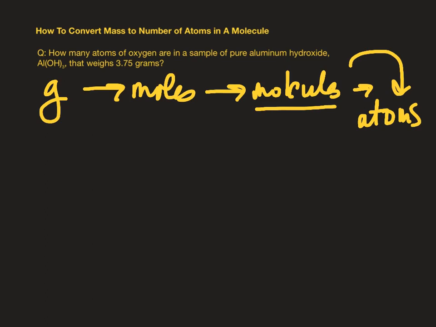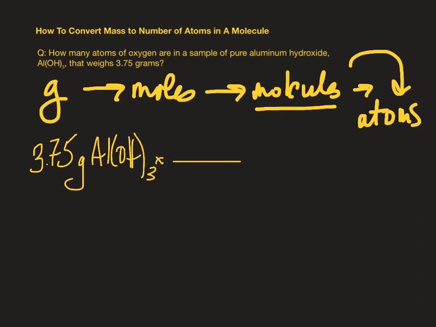Well, I'm going to make my pen just a little bit smaller here so that we have a little bit more room to work with. We're going to start with our mass, right? 3.75 grams of aluminum hydroxide. Now, the first step is, of course, converting our mass to moles using the molar mass of this substance.